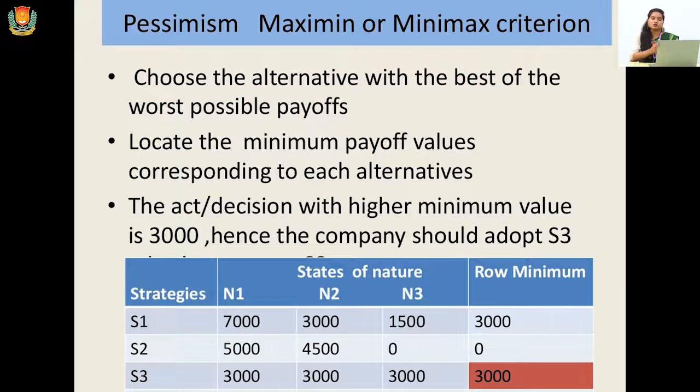Pessimism is the alternative where you choose the alternative with the best of the worst possible payoff. So you get the worst situations, and from those worst situations you find the best one. For this we calculate the pessimist criteria, which depends upon the maximin and the minimax criteria.